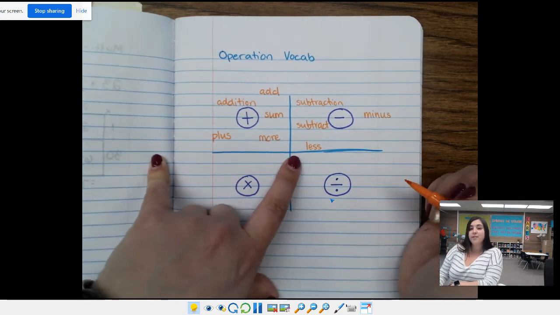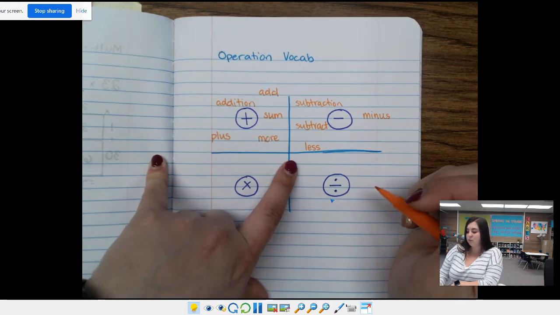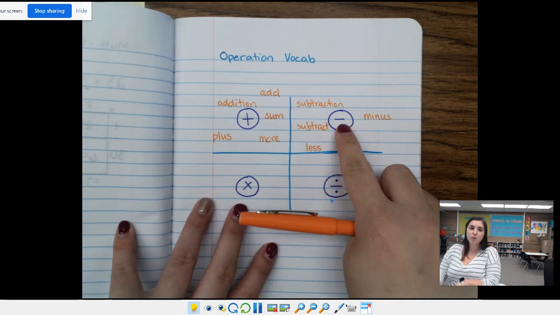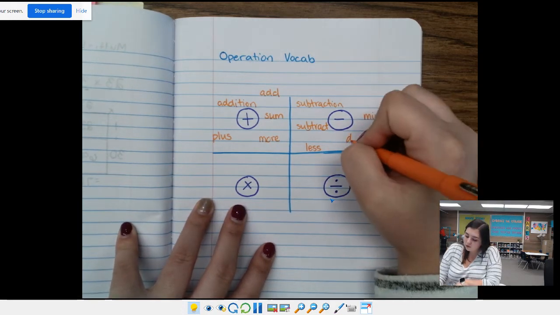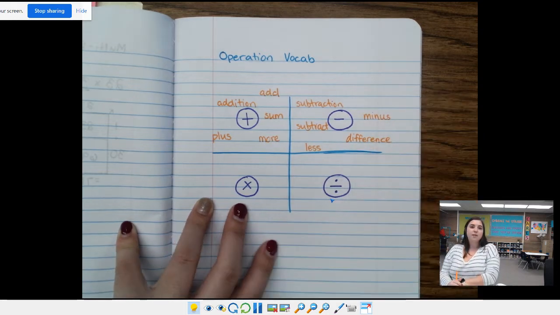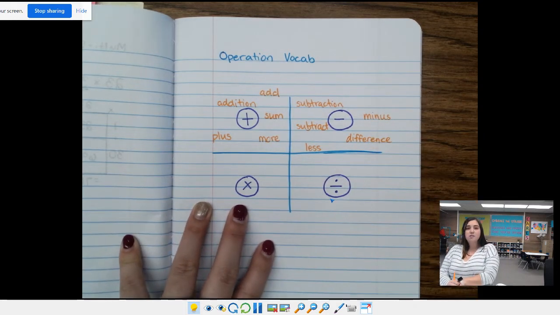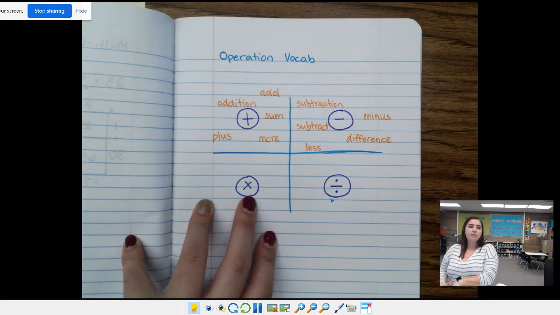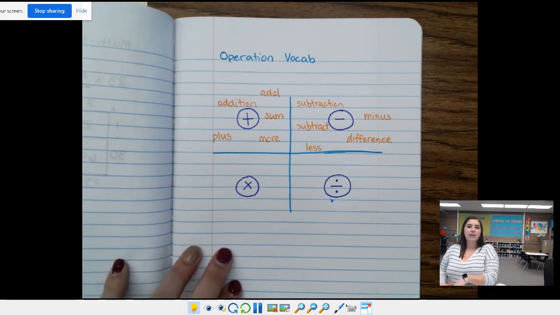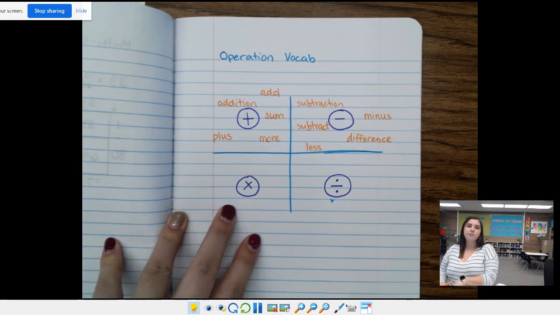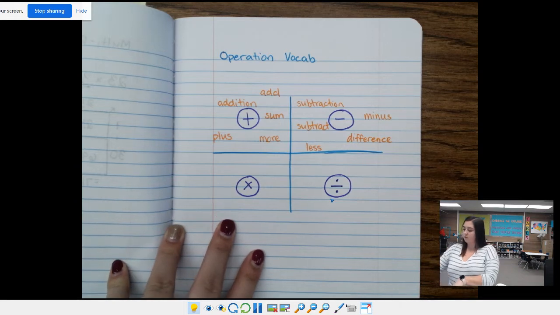And the last one, and this might not be super familiar to you, but kind of like sum, the answer to a subtraction problem we call the difference. So I could say the difference between 5 and 3 is 2, because 5 minus 3 is 2. So that's the difference between those 2 numbers.